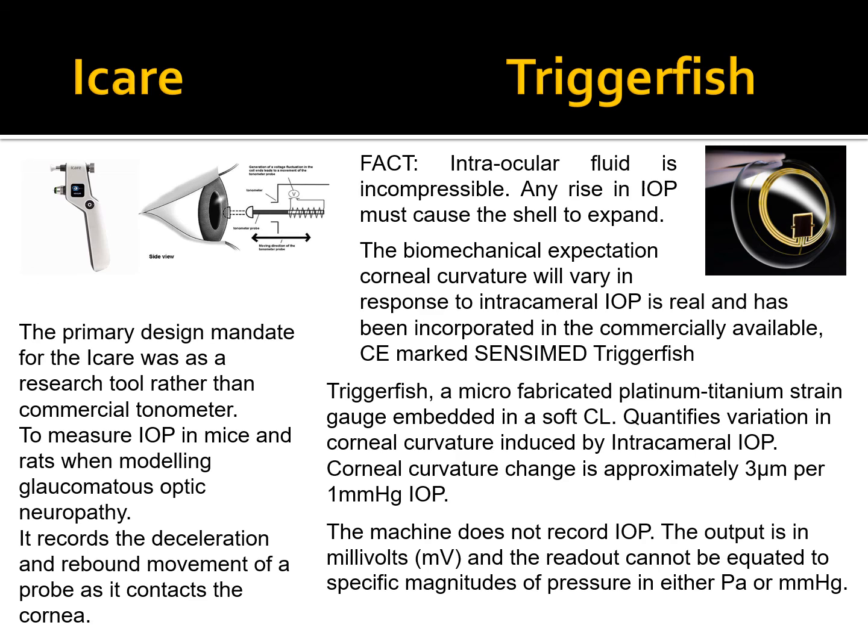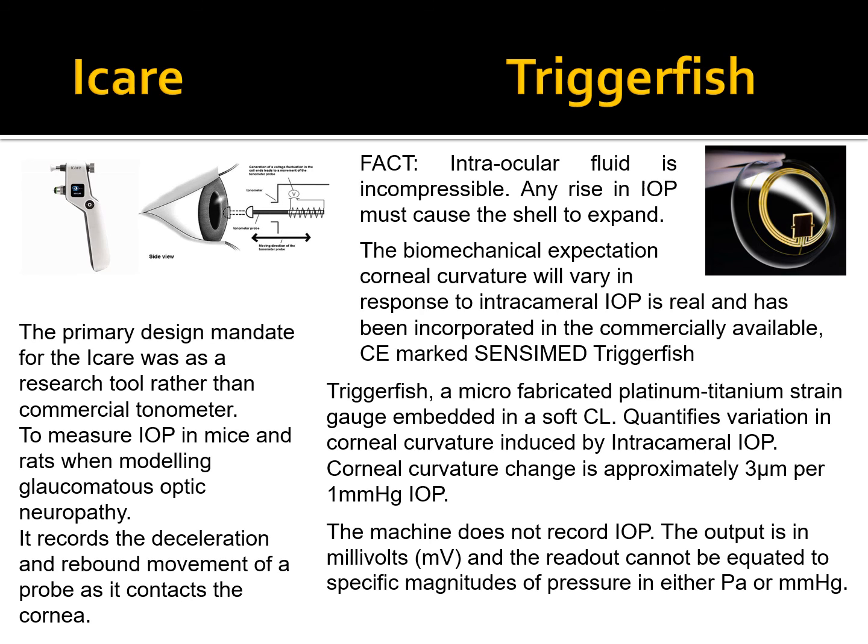So the DCT uses Pascal's law of hydrostatic pressure. This uses an equally valid concept of the shell changes. So it quantifies variation in corneal curvature induced by the intracameral IOP. It's very, very subtle though, and it does not record IOP at all.